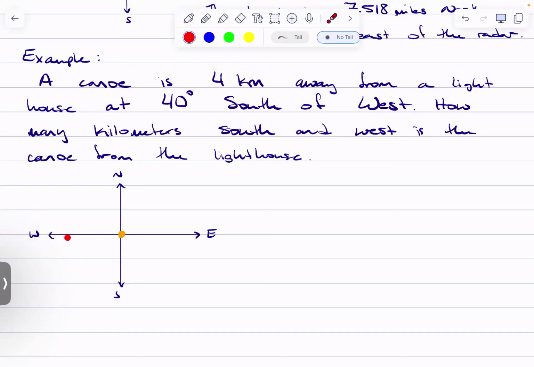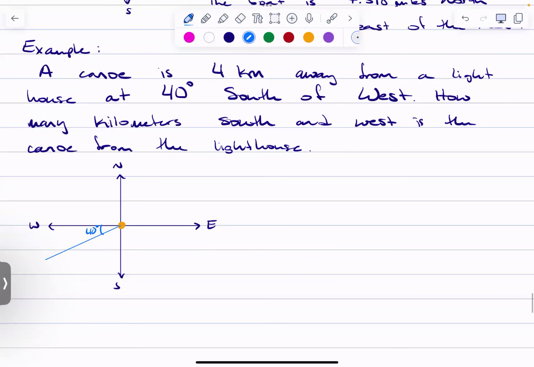So starting from the west, the negative horizontal axis, you want to move south, and this angle here is going to be 40 degrees. You want to be a little bit careful with what happens. And so now I've got my canoe.